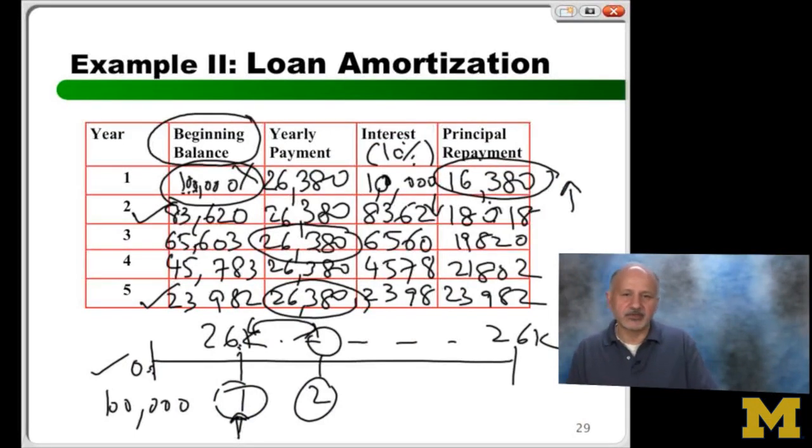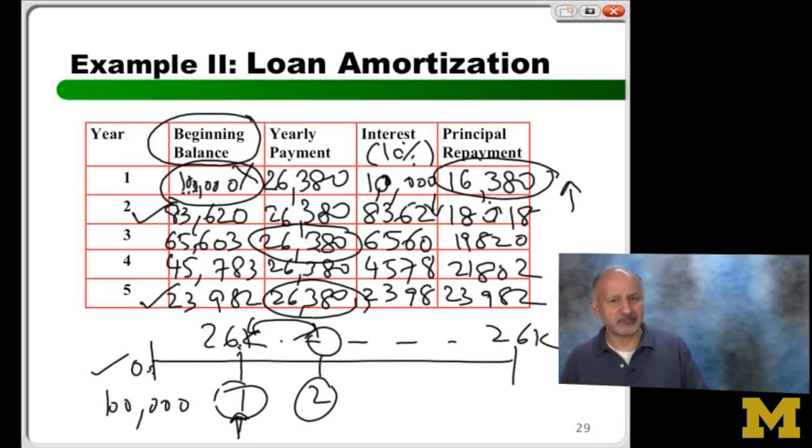Suppose I walked up to you and asked you, hey, you've taken a loan, $100,000, you're just coming out of the bank, and I'm your buddy, and I know you know finance. I say, how much did you borrow? I said, $100,000. I say, look, can you tell me how much will you pay the bank every year for the next 5 years?